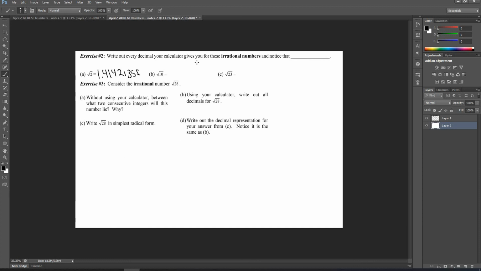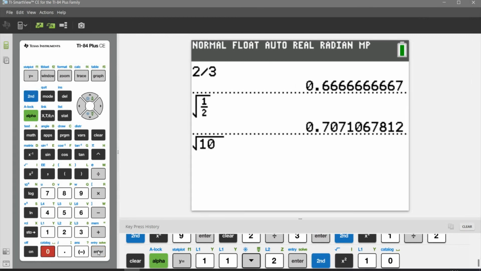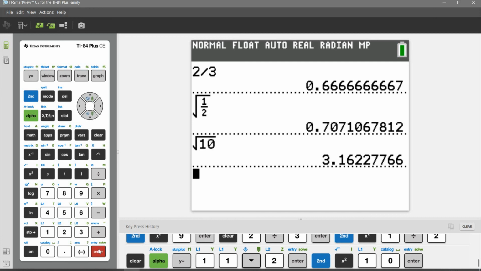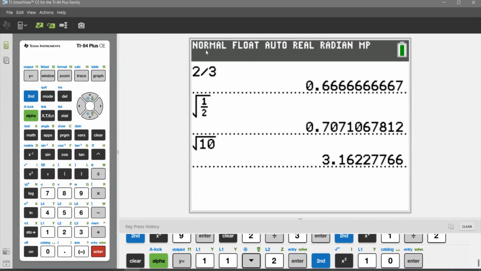Now let's look at square root of 10. Second, square root of 10. We have a 3, and then 16227766. Great.